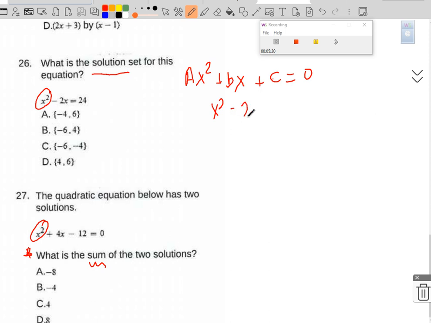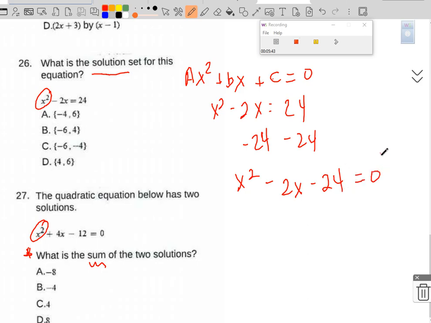X squared minus 2x equals 24. What do I have to do to get it in the standard form up here? Just subtract 24 from both sides because we want that right side to be 0. So now I have x squared minus 2x minus 24 equals 0.